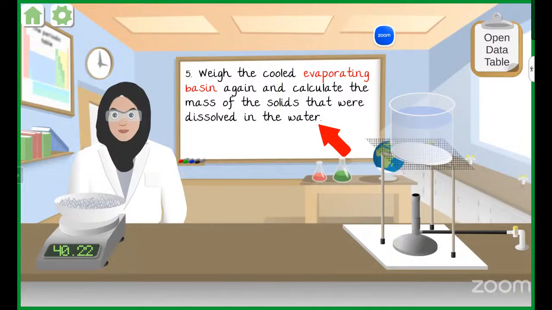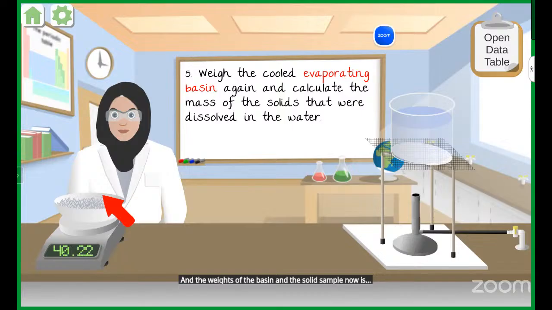Then after we evaporated the water in the basin, we got this solid sample, right? So now we have the basin and the solid sample, and the weight of the basin and the solid sample now is 40.22.